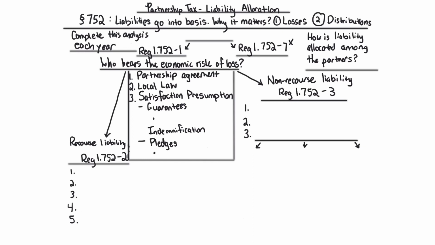So the satisfaction presumption assumes that if a liability, for example, is considered recourse, that all the parties are going to actually go through and pay it off. So the satisfaction presumption states that economically, the parties will make good.